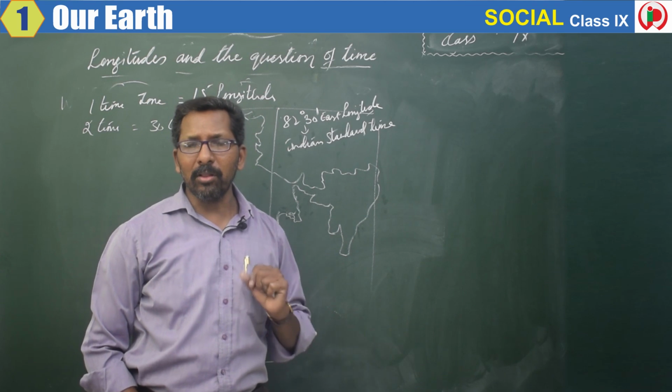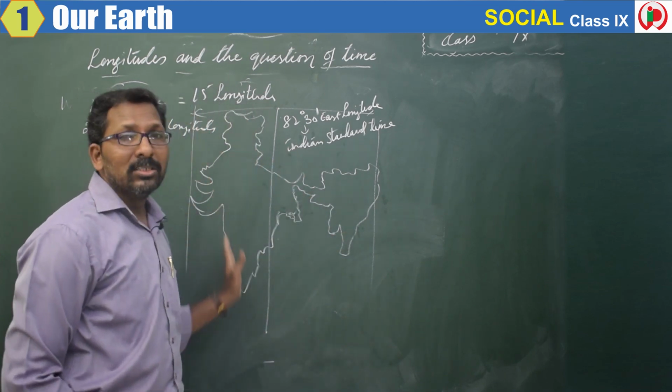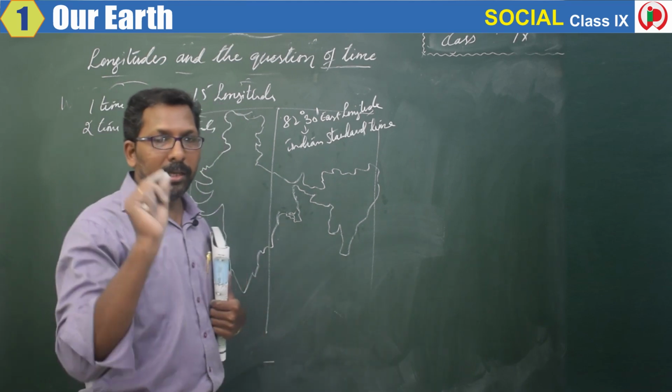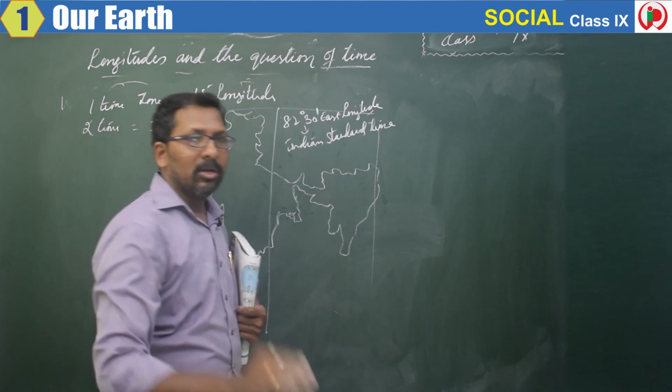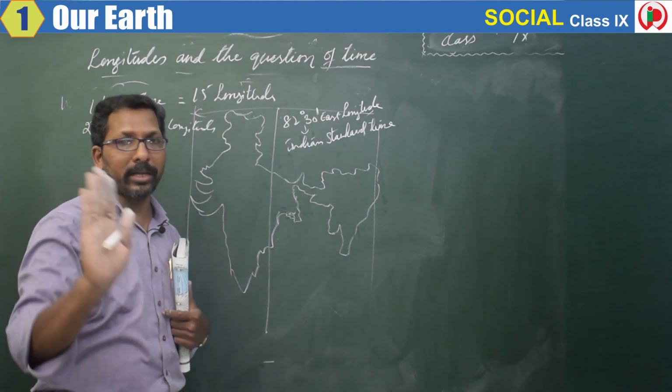Why do they follow their own standard time? What is the reason the whole country follows the same time? Listen carefully. If Arunachal Pradesh follows its own time and Gujarat follows its own time, there will be a 1 or 2 hour difference.